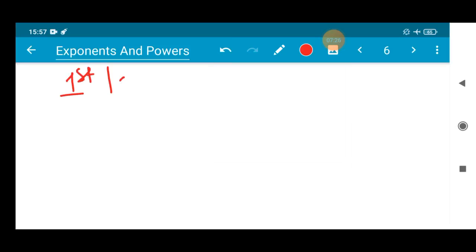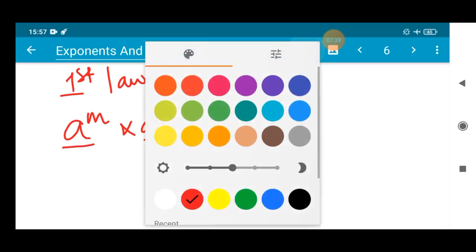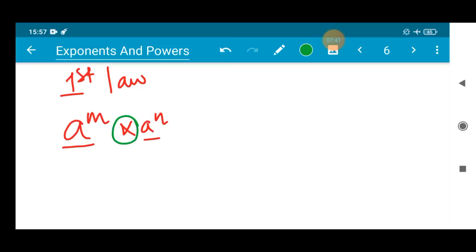Okay, so in the first law, suppose you have the same base, a to the power m, a to the power n, right? You have the same base, just have a look, and when you have the same base and a multiplication sign is there, then the powers will be added.